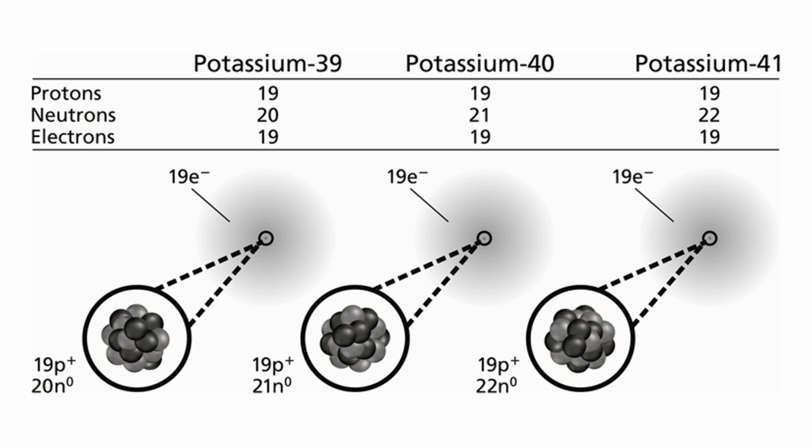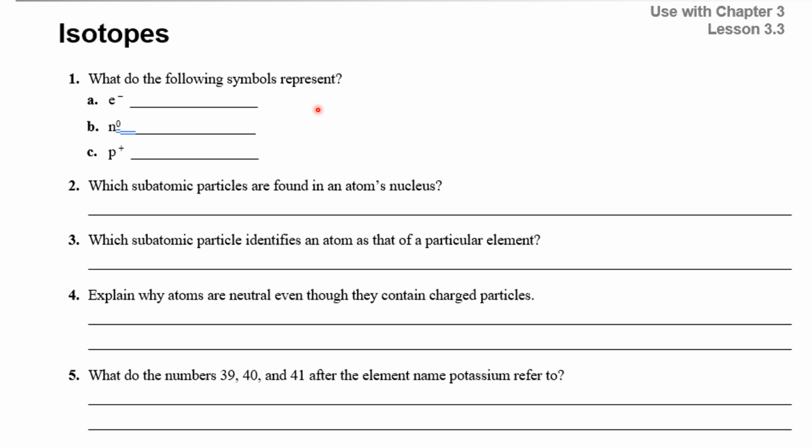So let's look at the questions. The first one: what do the following symbols represent? What does e negative represent? Remember, your choices are protons, neutrons, and electrons. The electron. What does n naught represent?